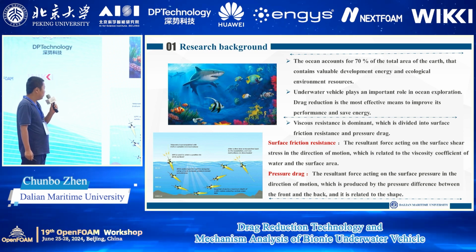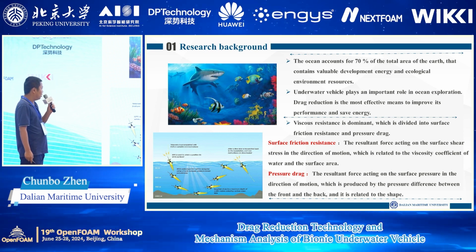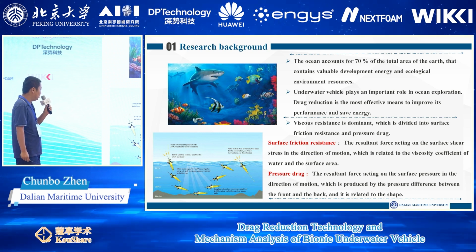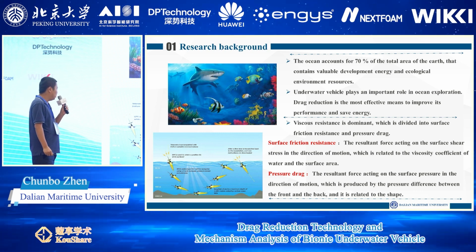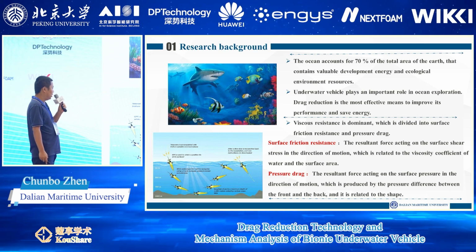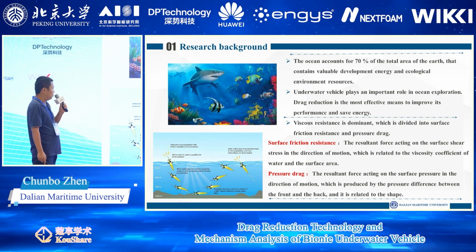The pressure drag is the resultant force of the surface pressure in the direction of motion, which is produced by the pressure difference between the front and the back, and is related to the shape.